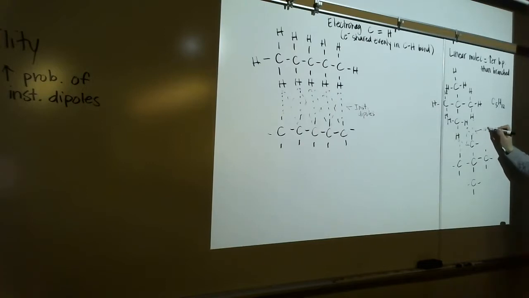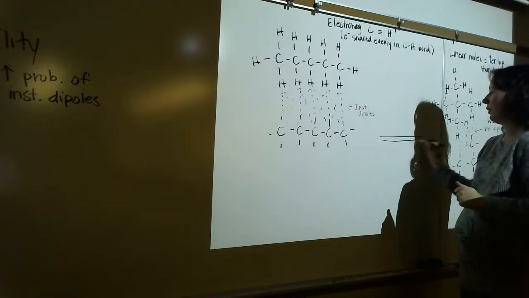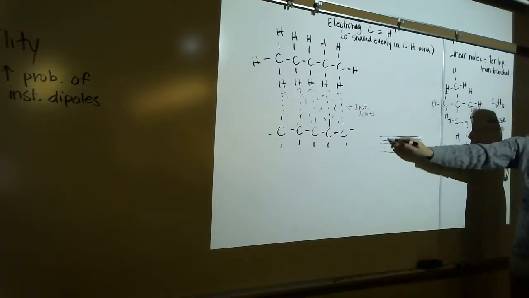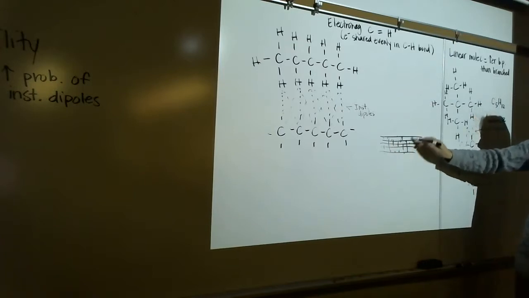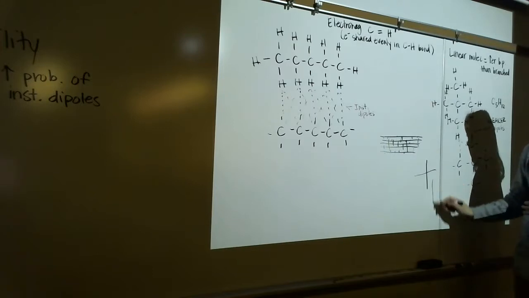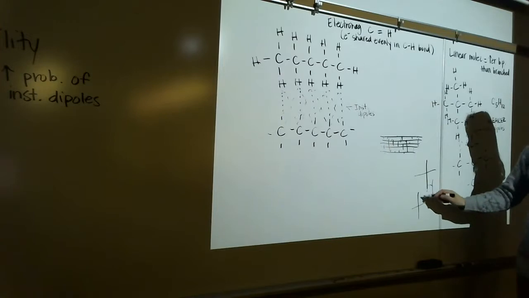You still have instantaneous dipoles, but they're significantly weaker. So if we draw this like a linear one, this stacks on top of each other, nice and neat. So you can have instantaneous dipoles all throughout this thing, versus this T shape, where these aren't going to stack on top of each other as prettily. You're not going to have as much opportunity for that instantaneous dipole.